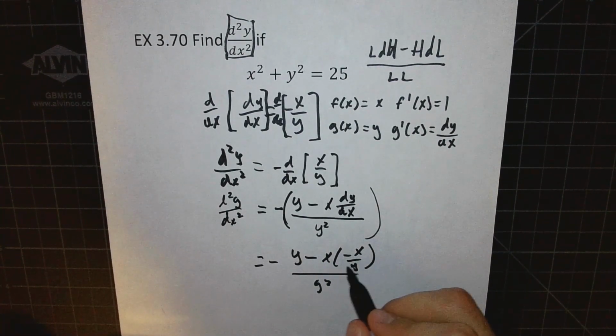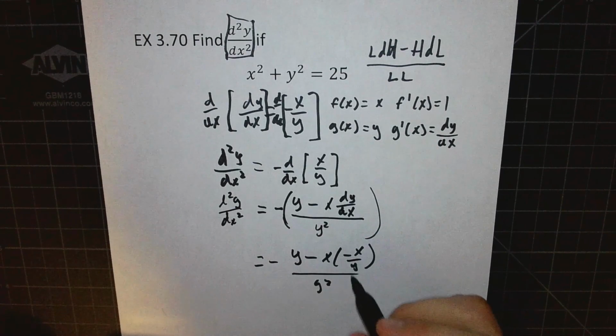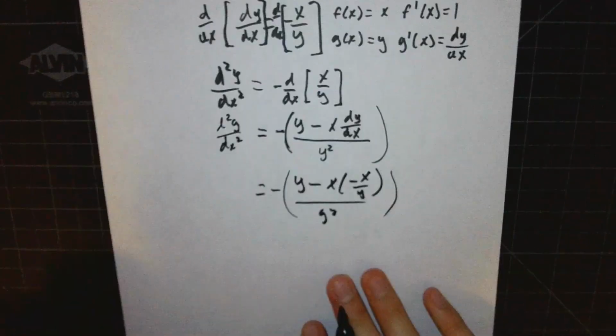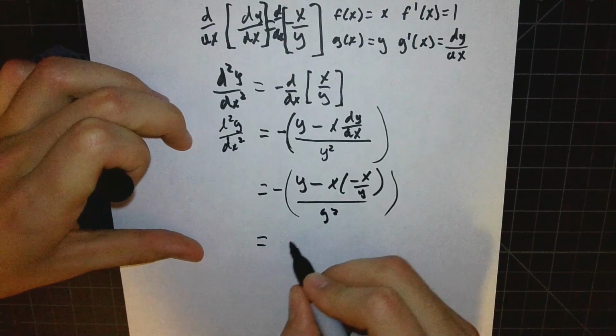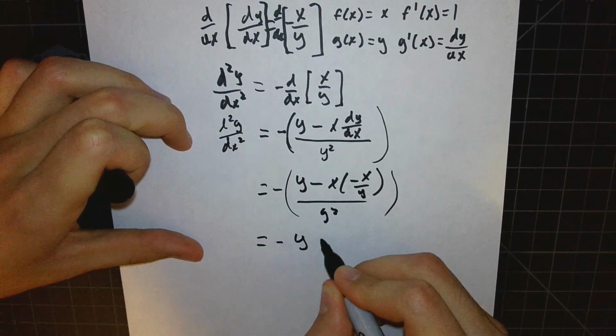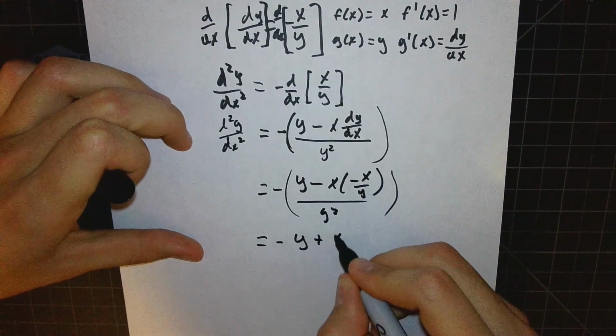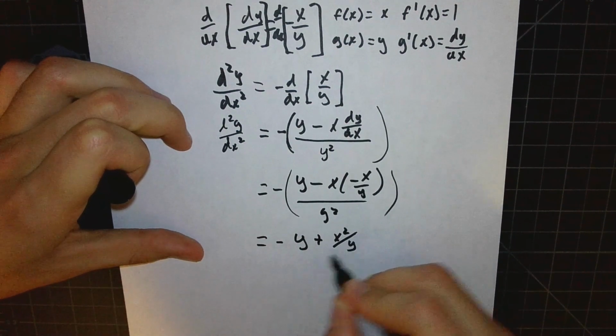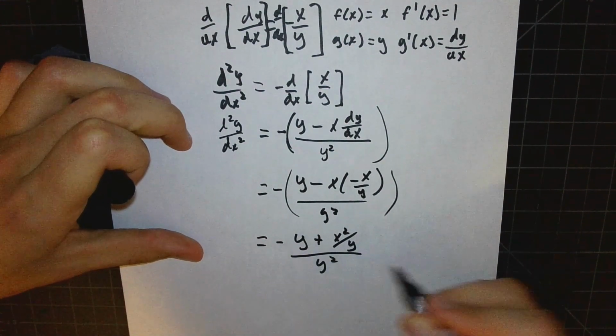And so this distributes in. So we have, again with our parentheses, negative y plus x squared over y squared.